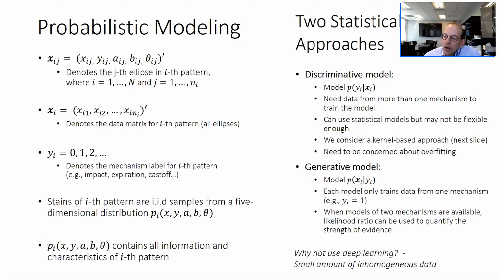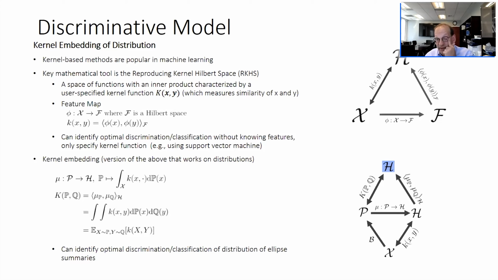So these are two pretty mathy slides. Don't want to go into detail, just want to tell you what I'm thinking in terms of the discriminative model. When you think of a discriminative model, statisticians, you might think about logistic regression. How do I teach a statistical tool to distinguish between two classes based on some set of variables? But that requires figuring out what the right features are, and we didn't want to do that.